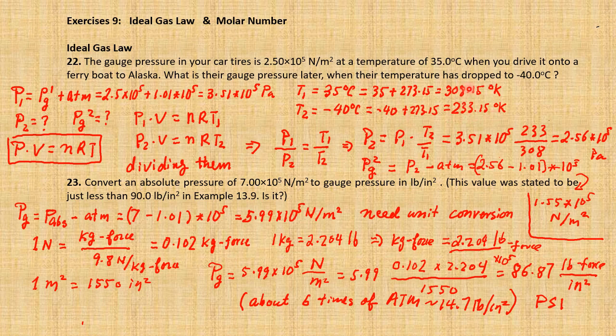So both temperatures are converted to what's required in the ideal gas equation. Now what is to be found is P2, in absolute pressure first. Since this equation is always satisfied, you have P1 V equals n R T1, and P2 V equals n R T2. Notice that V, n, and R never change.